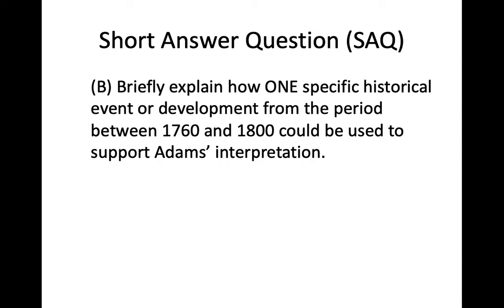What you're trying to do is support that claim with one specific historical event, and explain how it can be used to support Adams's interpretation. In code, basically, what they're asking you to do is to make a claim, that's John Adams's claim, and then provide specific evidence to support that claim, and then explain how that evidence supports the claim. So claim, evidence, reasoning.